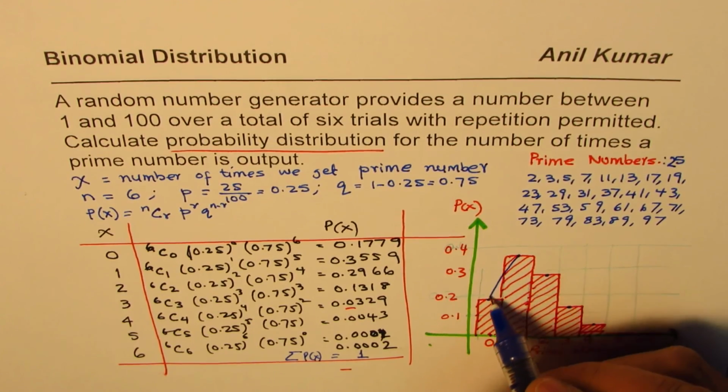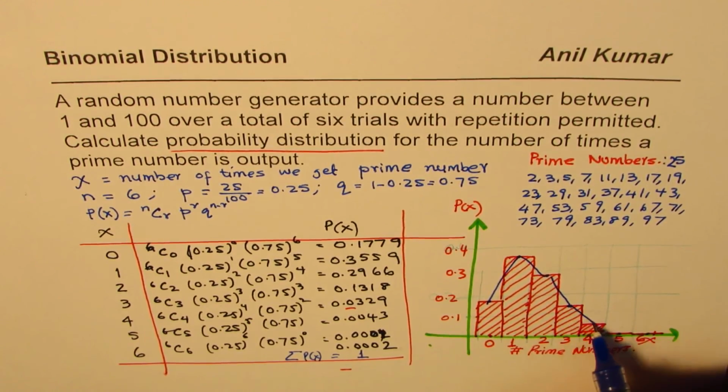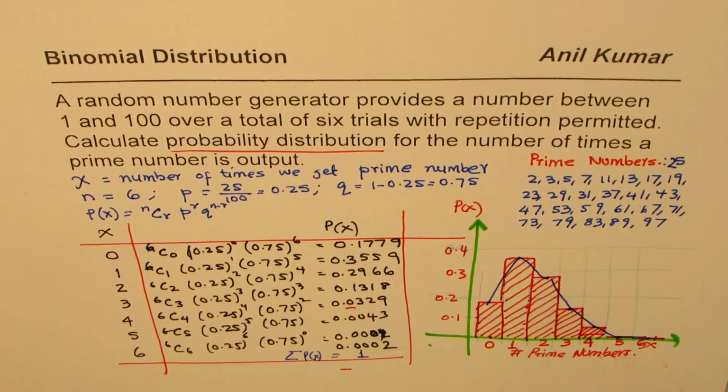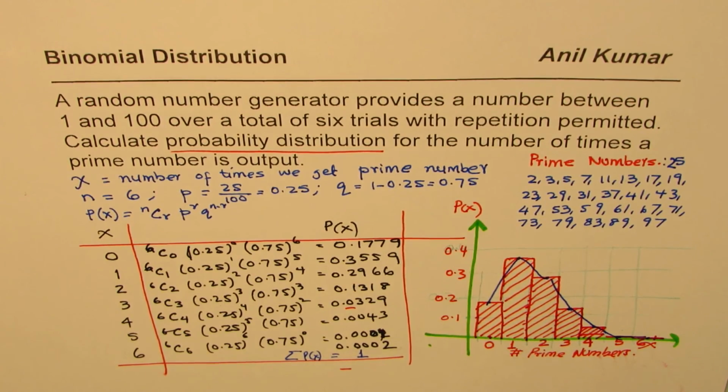Do you get it? This is my probability distribution for the given condition. The number of prime numbers could be from 0 to 6, these are their probabilities, and that is how you could sketch it. I hope that helps you to understand the concept.